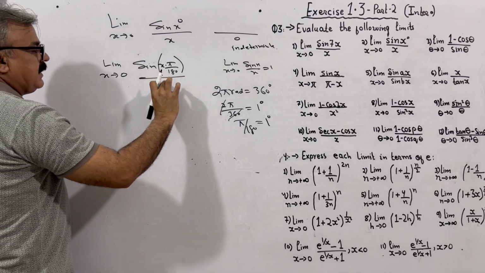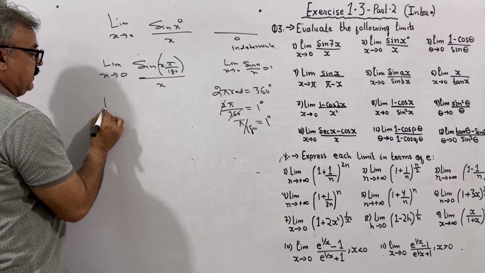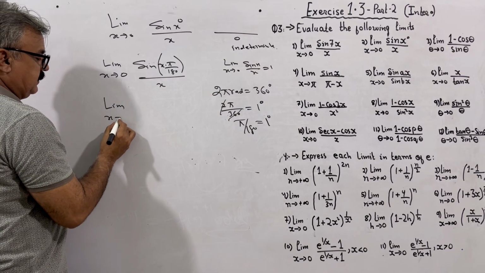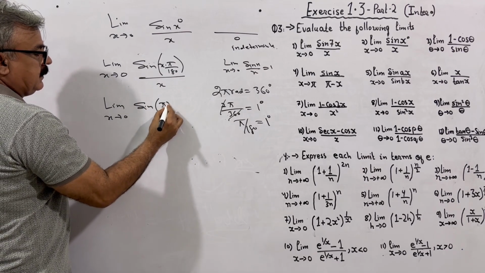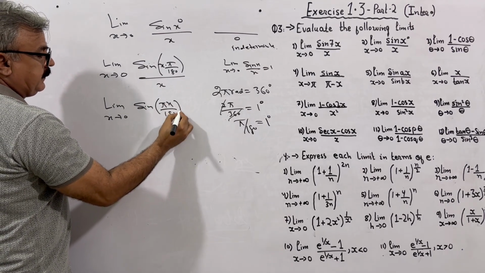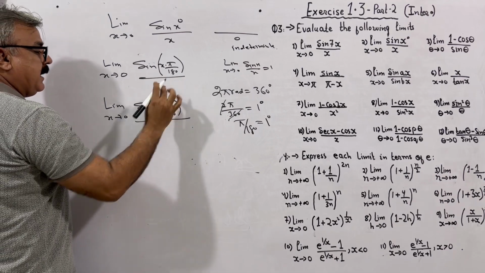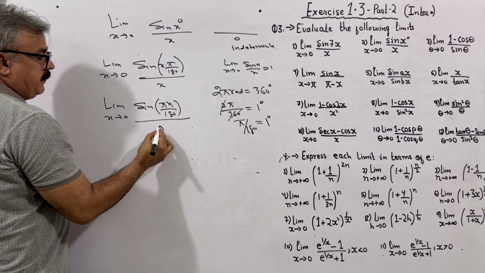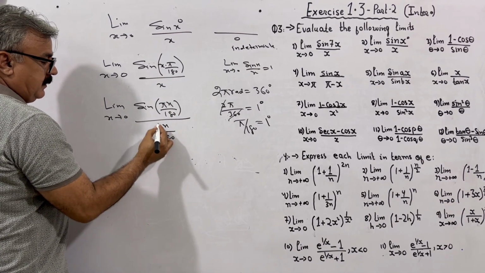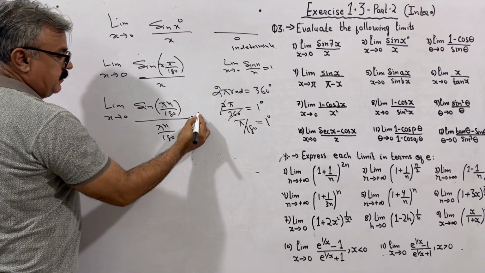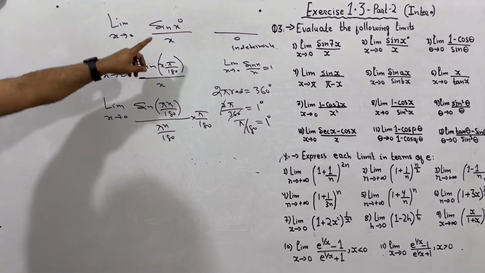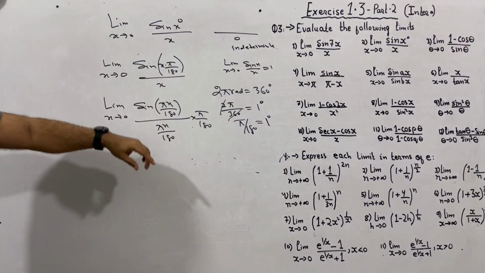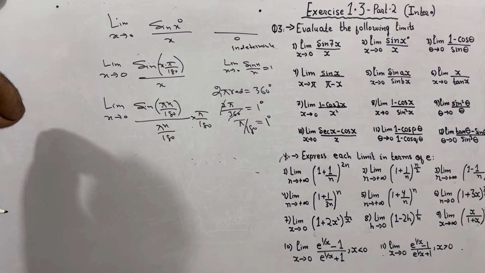So compensate the deficiency by dividing and multiplying. Limit x tends to 0 of sin of pi x over 180, multiplying and dividing with pi over 180. This formula is valid for radians.